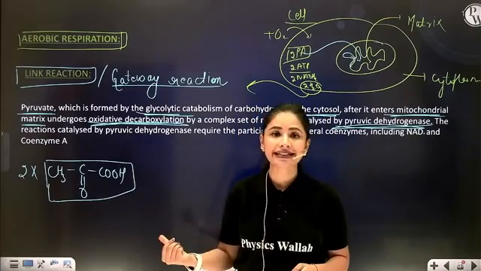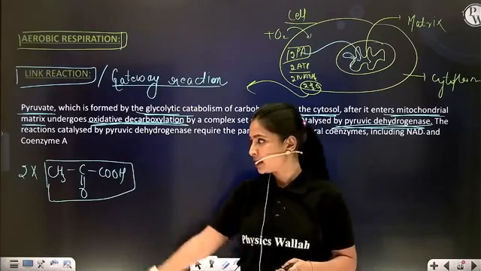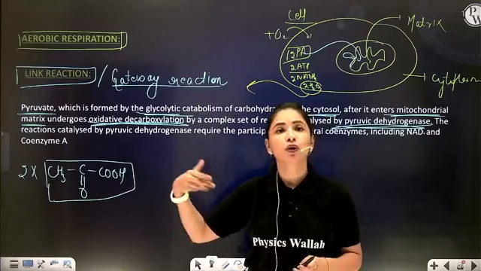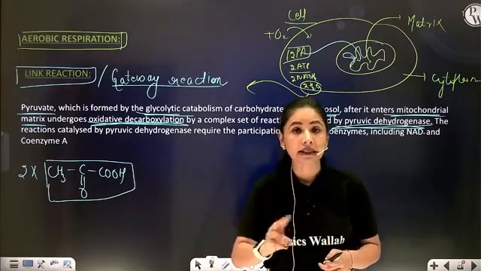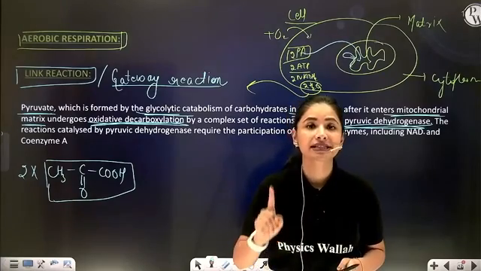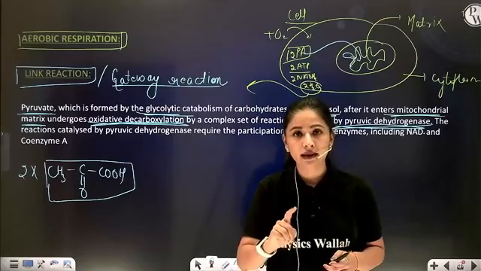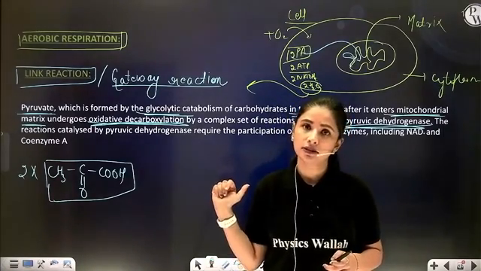Again, the oxidizing agent will be NAD positive. NAD positive will extract protons and electrons from this pyruvic acid and will oxidize into its respective compound. Third, addition of coenzyme A. So 3 things are happening with the help of the same enzyme, pyruvate dehydrogenase.